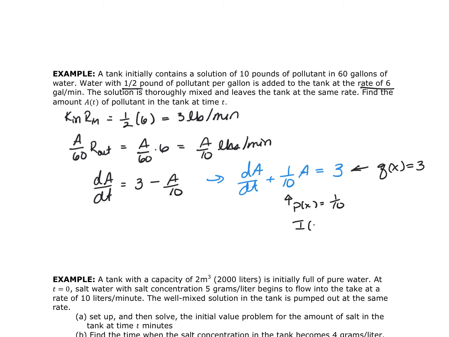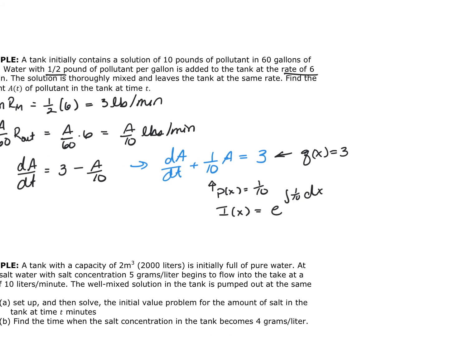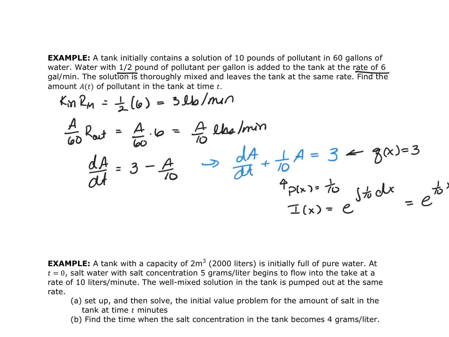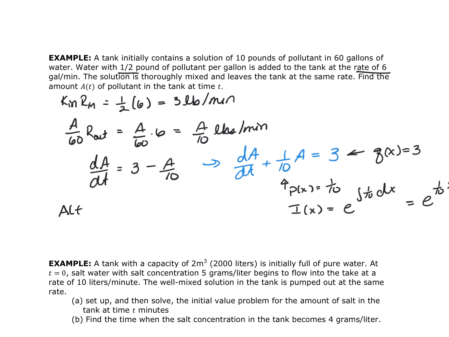That means I(x) is going to be equal to e raised to the integration of 1/10 dx, which means this is e raised to the 1/10 x. So now we found our integrating factor, and we can find the general solution, and I'm just going to cut to the chase. My general solution of A(t) is going to be equal to 30 plus C e raised to the negative t over 10.